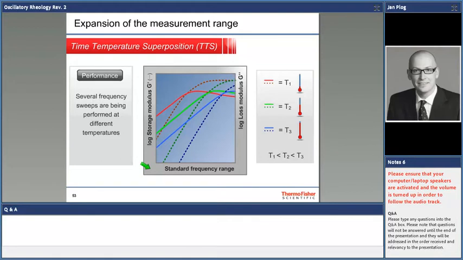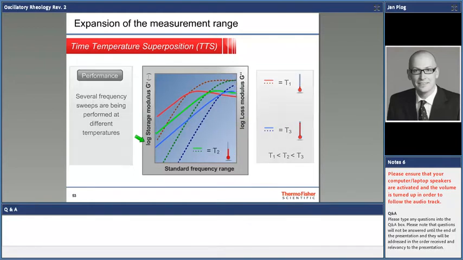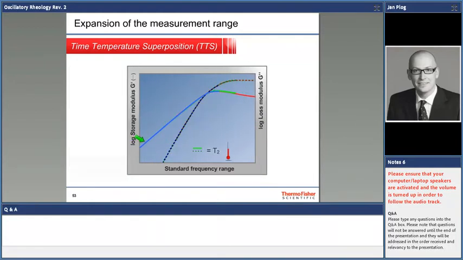Then we just do the same test over and over again at different temperatures. Afterwards we tell the software, now shift them please. You can choose at which temperature you want to shift, and we can shift them on top of each other. This is what we call time temperature superposition. A lot of people, especially in the polymer industry, use it, but there are also other samples where you can apply this theory.